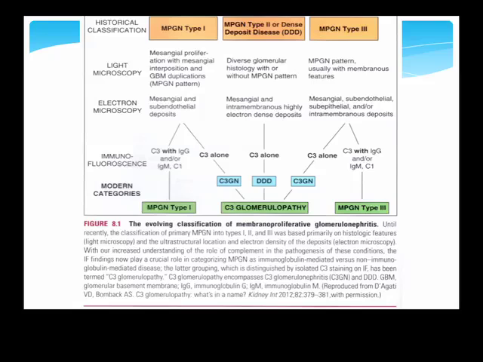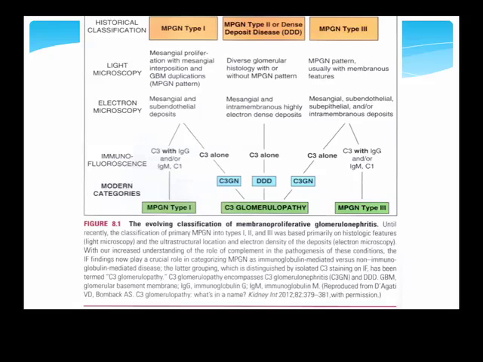And those who have just complement but no immunoglobulins at all have a disease process which we now know is due to abnormalities in the regulation of the complement system, primarily involving the alternative complement system.